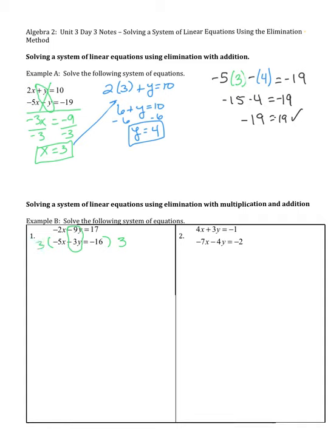Now I do this to remind me I'm doing both sides by 3. I want my y's to have the same number, the same coefficient. But I also want them to have opposite signs. So I'm going to multiply this entire bottom equation by -3.